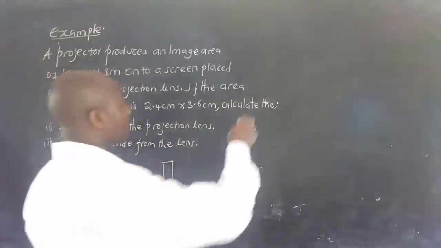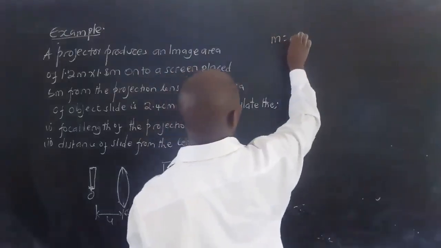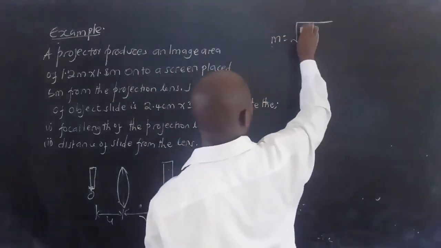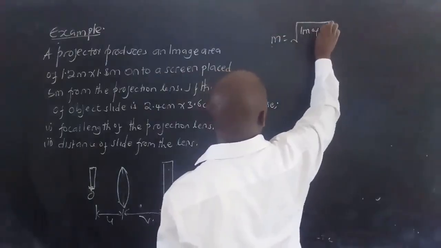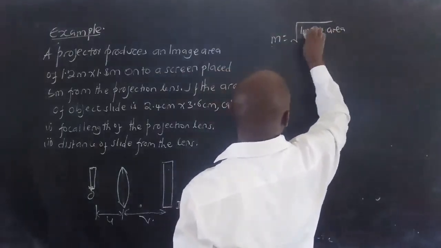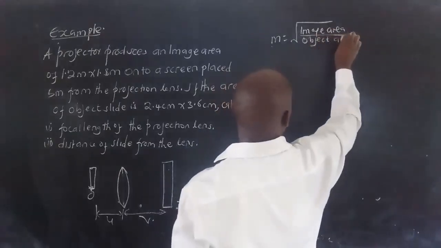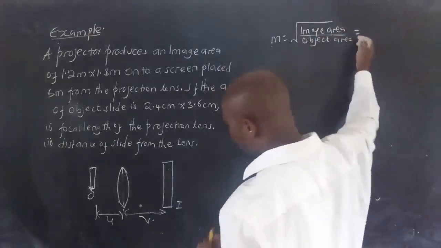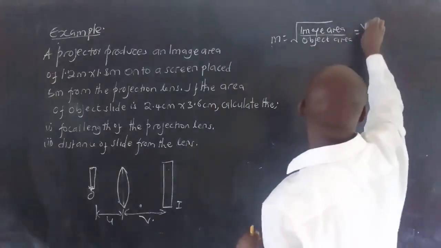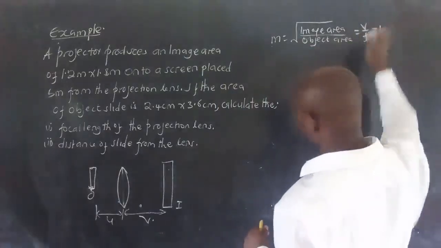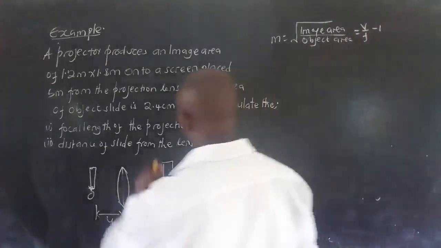So we shall now say that magnification is equal to the square root of image area divided by object area. But in terms of focal length, we shall have v over f minus 1. So we substitute.